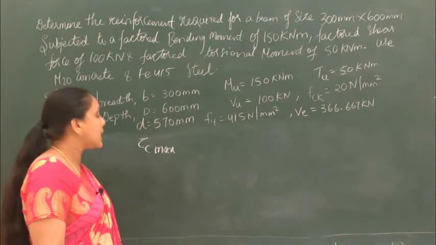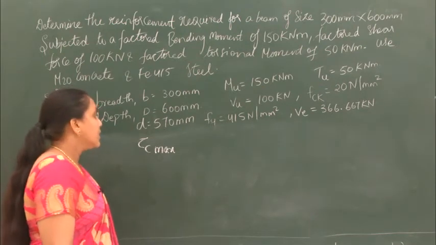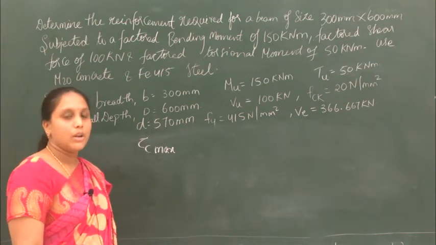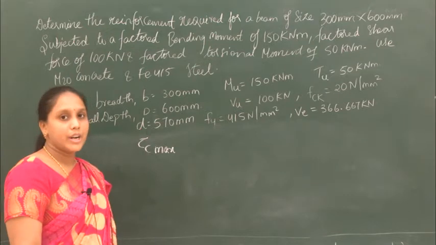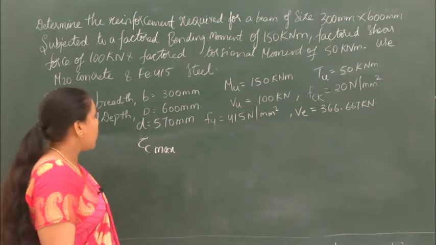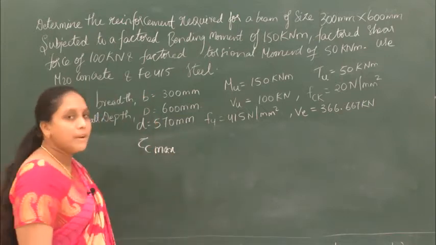So how can you calculate tau C max? Tau C max can be calculated from table 20 of IS 456-2000 for different grades of concrete. What is the grade of concrete here? The grade of concrete here is M20.